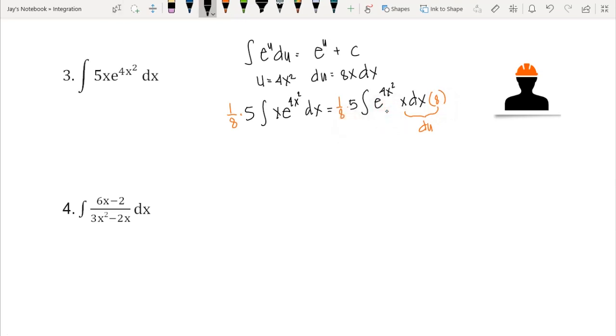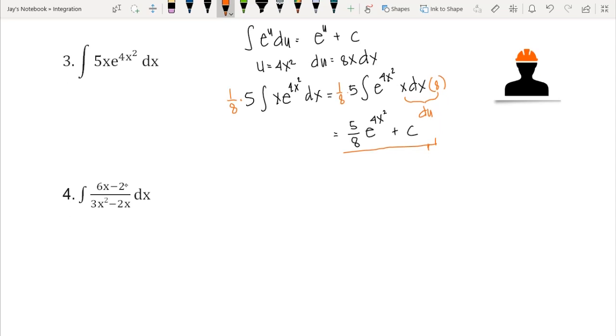So we have now our answer. Since we have a constant outside of the integration, we rewrite that as 5 over 8. Then we have e raised to u, that is e raised to 4x squared plus c. So this is now the integration of 5x e raised to 4x squared.